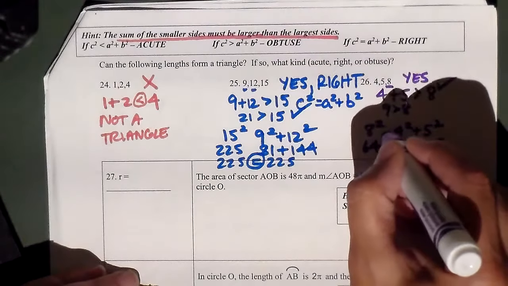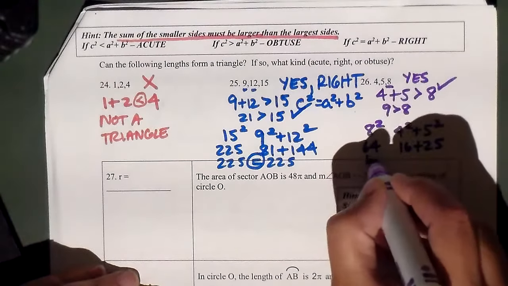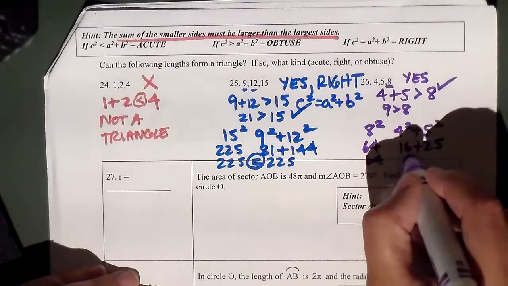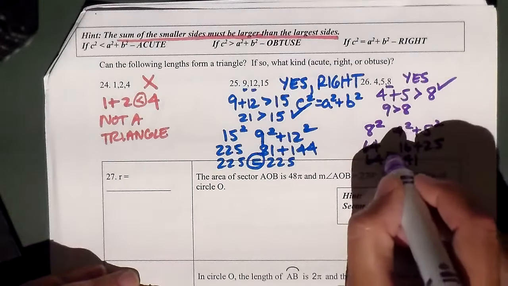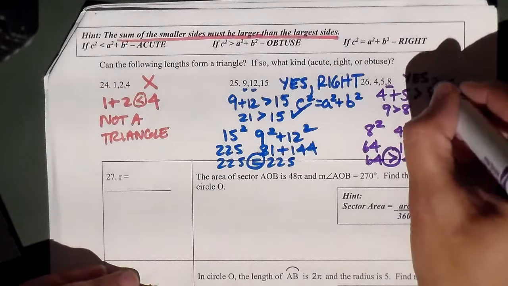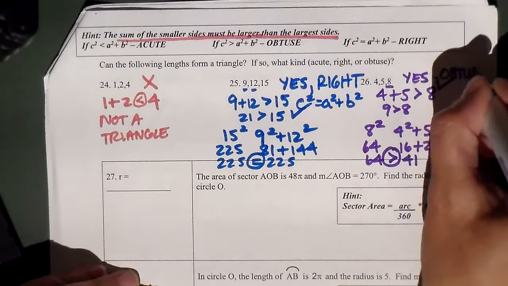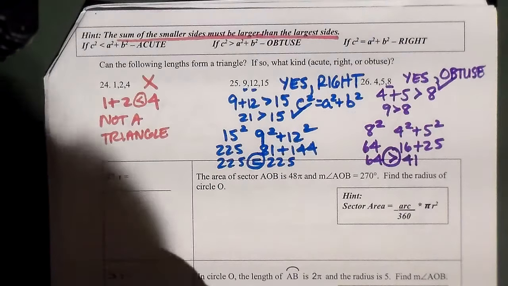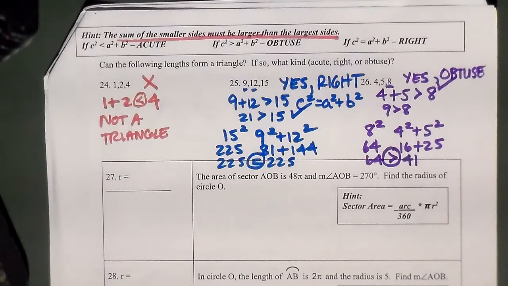Notice I'm leaving a little blank there because I don't know what it's going to be. So I'm going to compare 64 to 41. C squared is larger than a squared plus b squared. Therefore, this is obtuse. And that's how you determine what kind of triangle it is.